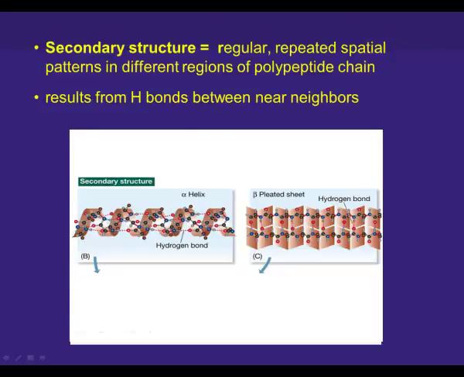So in order to start to understand how this primary structure of a protein gives rise to other structures, we need to look at the next level of organization, which is called the secondary structure of a protein. The secondary structure refers to regular, repeated spatial patterns that occur in different regions of the polypeptide chain. There are 2 primary types of secondary structure.